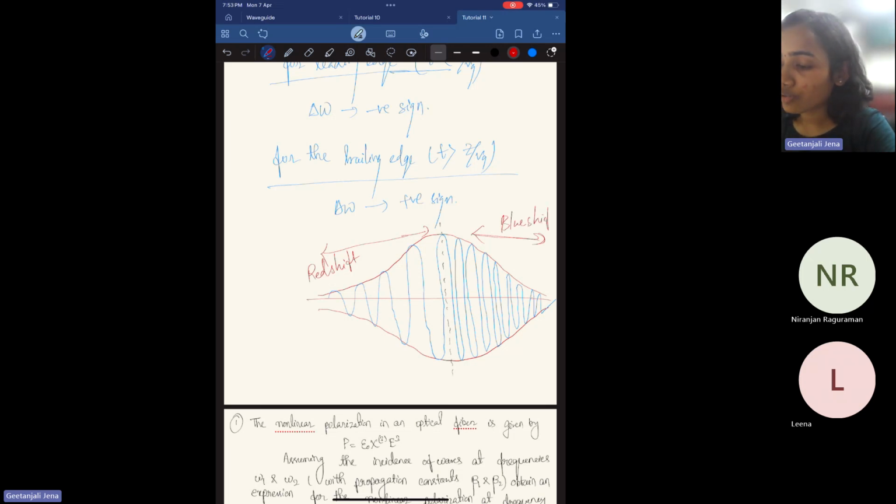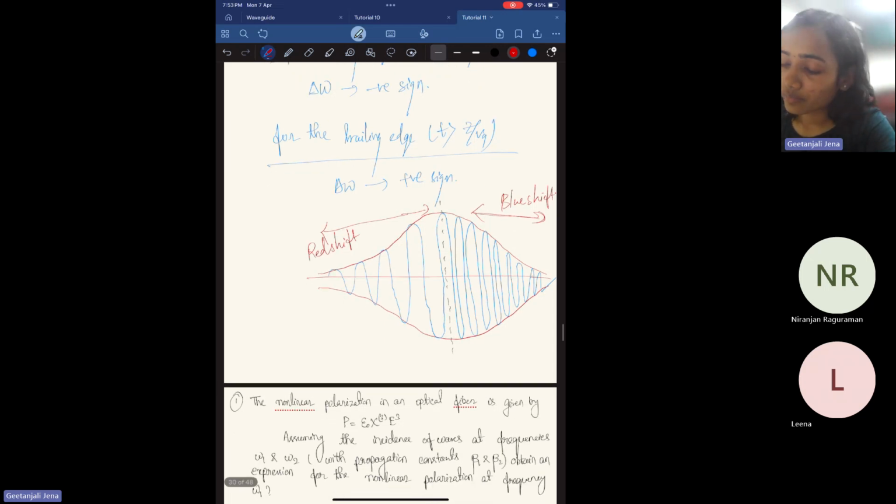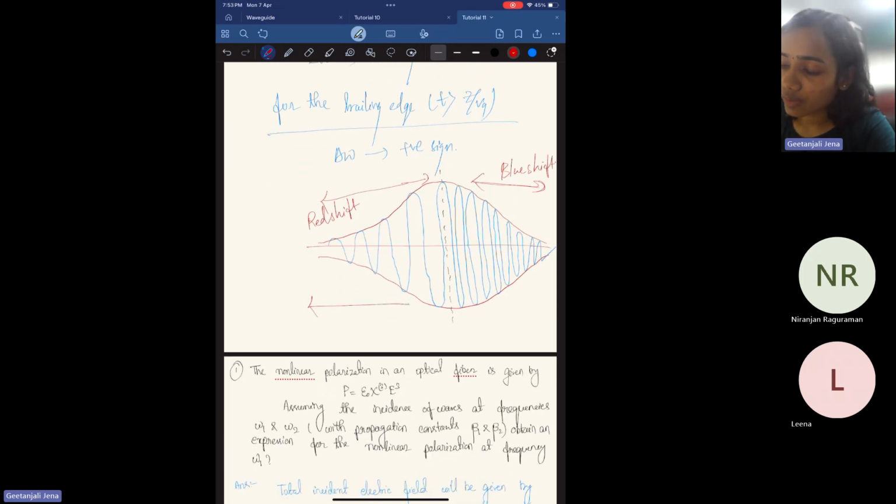These are the different terminologies that are used: this region corresponds to negative chirp because delta omega is negative, and this region corresponds to positive chirp.